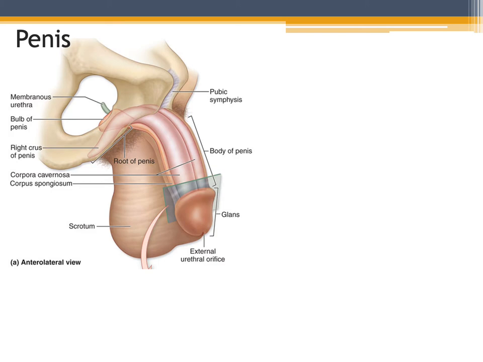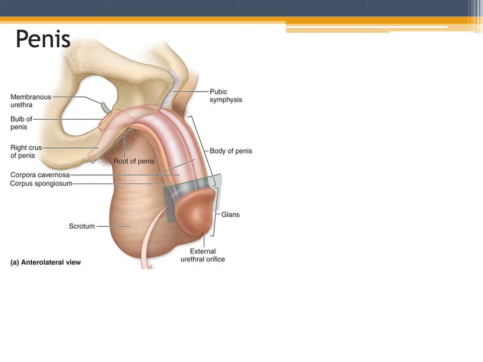Within the body of the penis, we have two distinct structures. The two distinct structures are the corpuses. We have the corpus cavernosum, which is going to be to the dorsal side of the penis, and then we have the corpus spongiosum, which is going to be to the internal side of the penis.